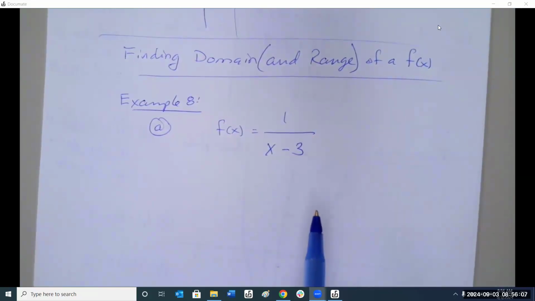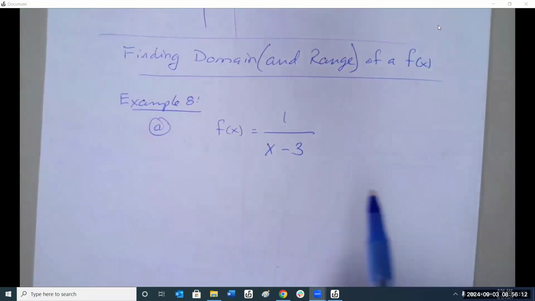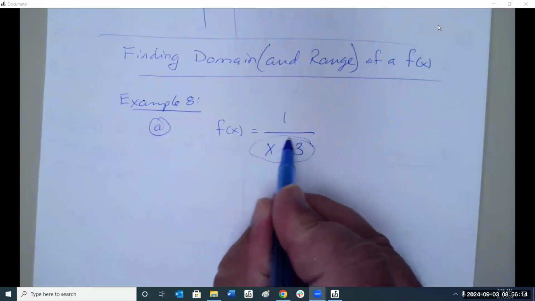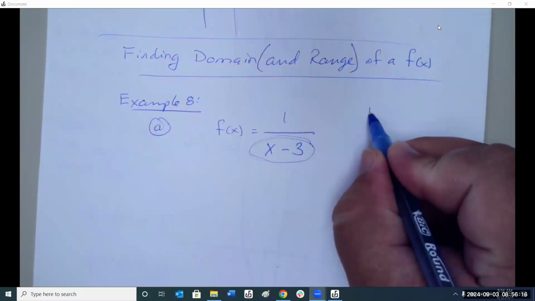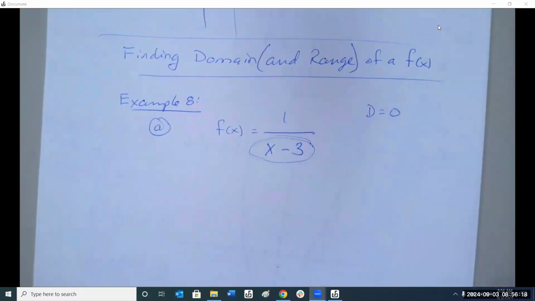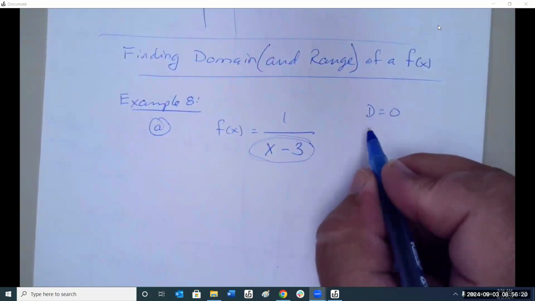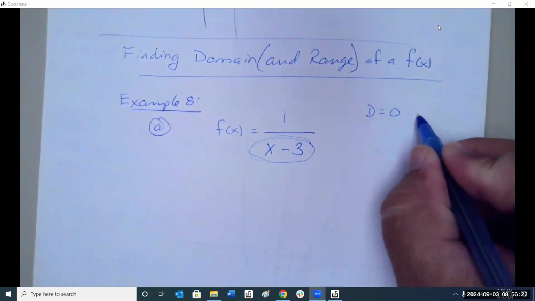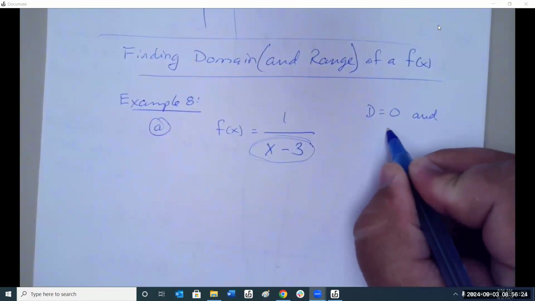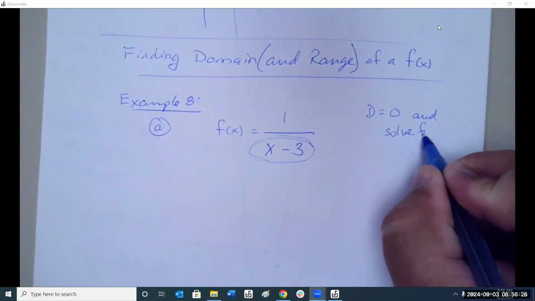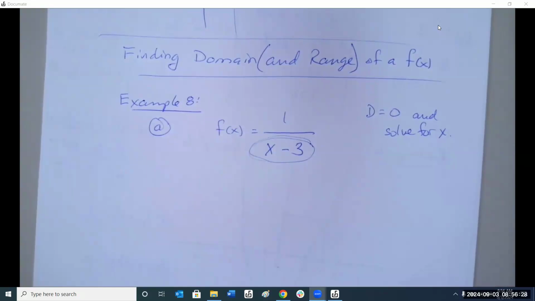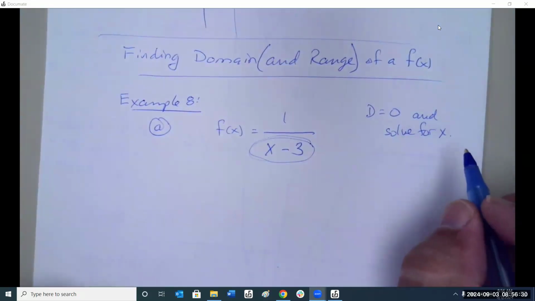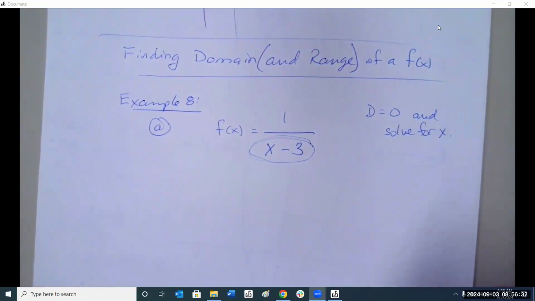Zero minus 3 is -3, so that doesn't give me anything. Very good. If you ever have a fraction, set the denominator equal to 0 and solve for x. Any x you get there, you cannot use.